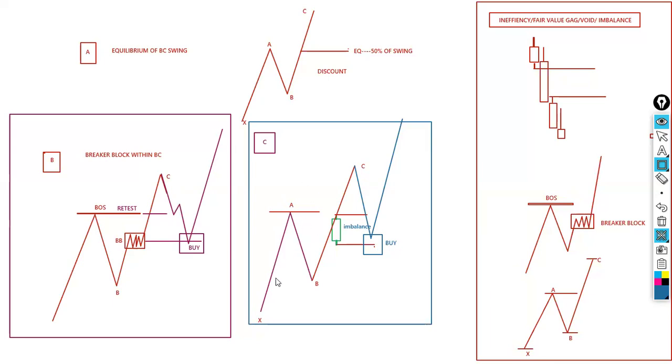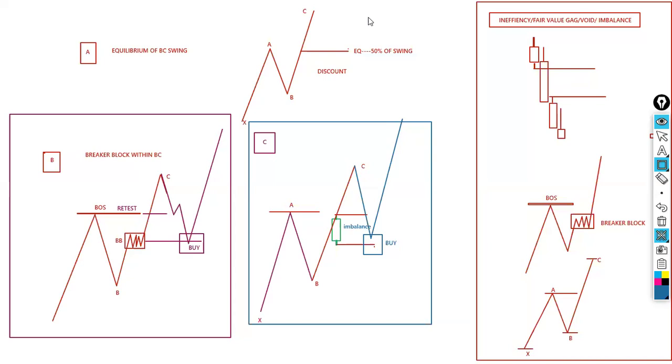Number two, I will look at my XABC pattern, and look out for any inefficiency, a candle without a retrace that was formed before the break of structure. If I can find one, I will expect that the market will retrace into that area, then I will buy. Then another thing I talked about is that if I'm looking at my XABC, then focusing on my BC leg, I will expect that price should at least retrace into 50% and below before I buy. I hope that is clear.